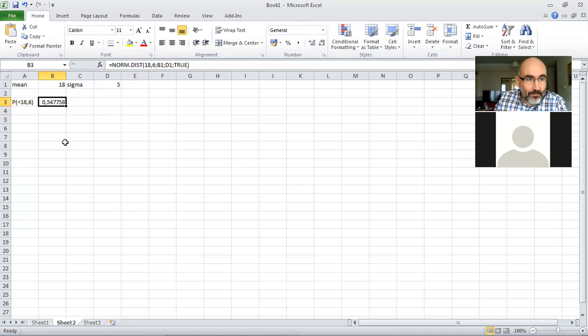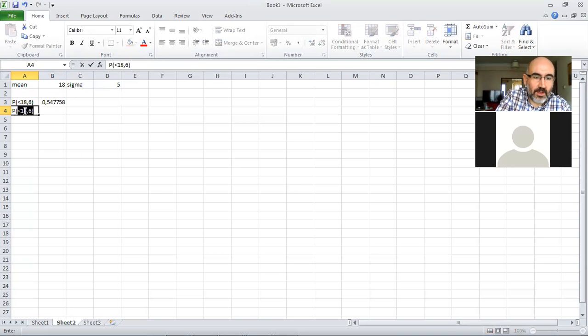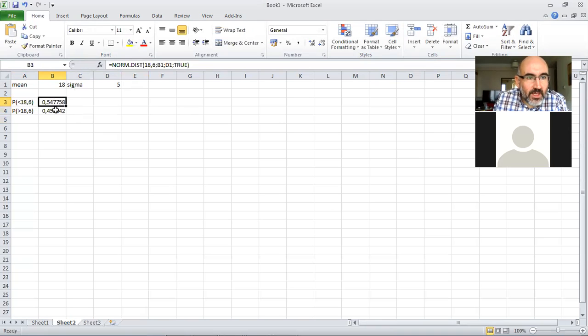We can also consider the greater than side. If we consider the probability of observing a value greater than 18.6, we just need to take 1 minus that. So instead of checking with a table, we can use these functions.